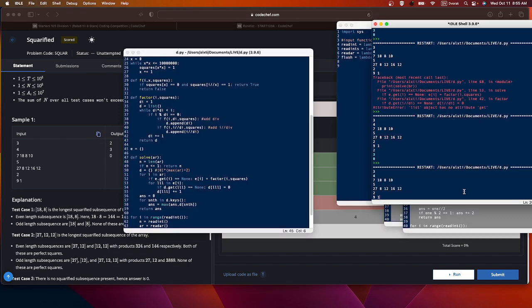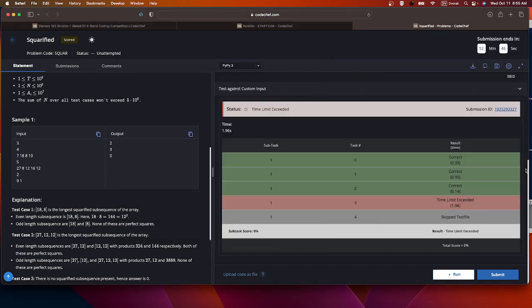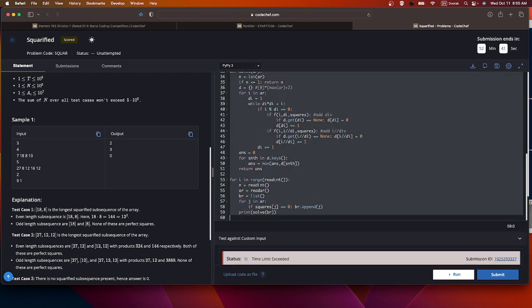Stick it outside here in case they do something really scuffed. So we go in full memoization.